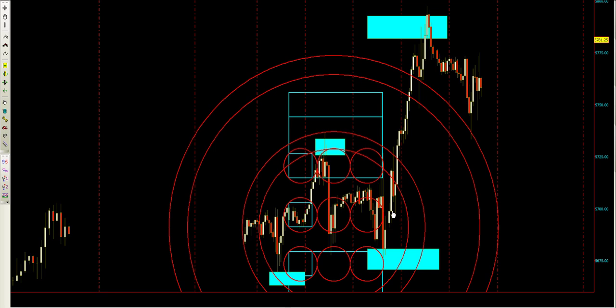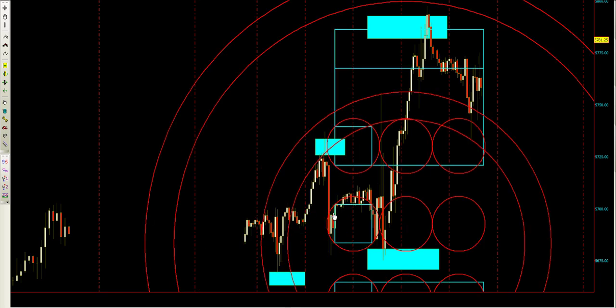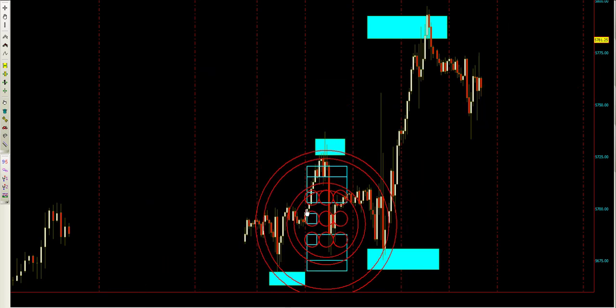Got a reaction. Now these are special 1 hour bars. All right, so that is how that is implemented. So I find this bar. What am I looking at? Outer rings.